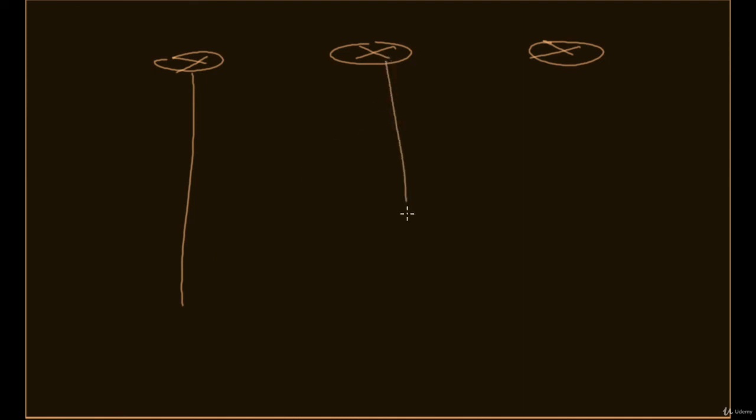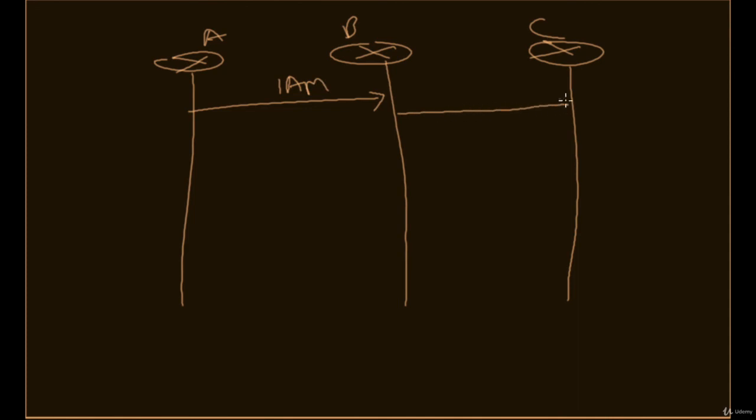And second thing is, there could be n number of exchanges in between, like this is one exchange, another exchange, third exchange. So the IAM from A to B will go from here to here, then the IAM will be sent to C exchange.